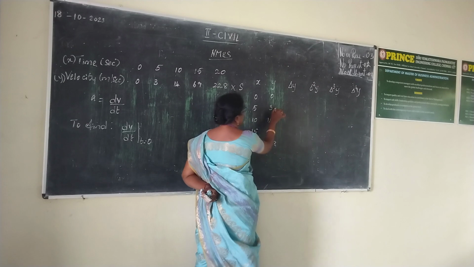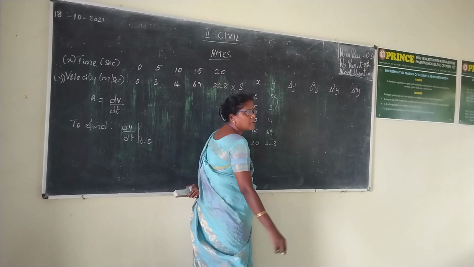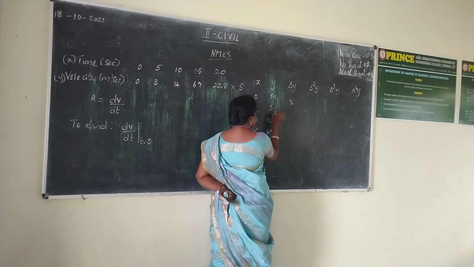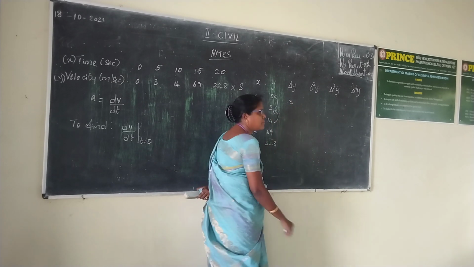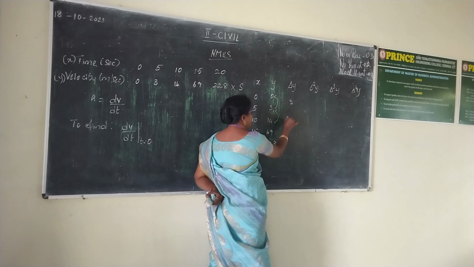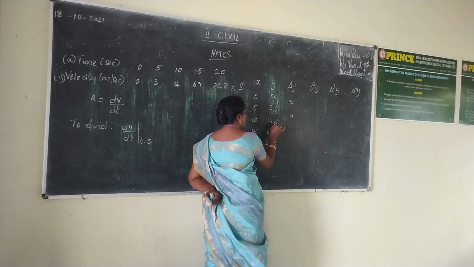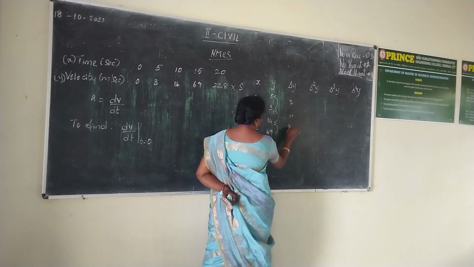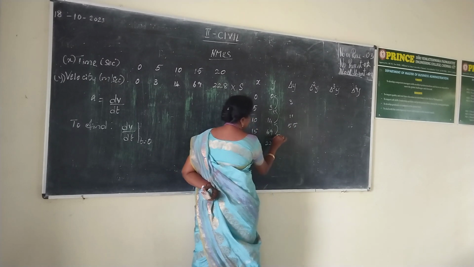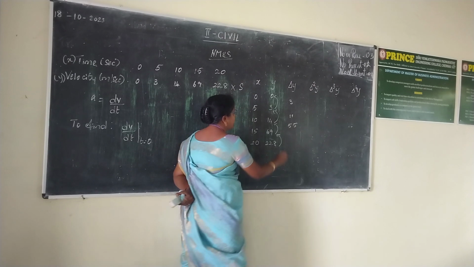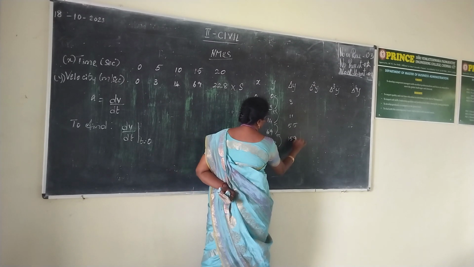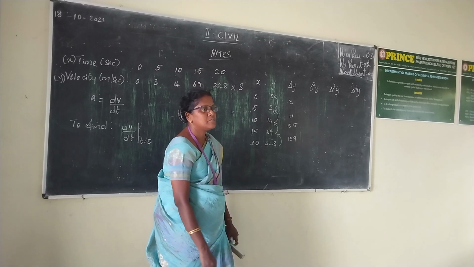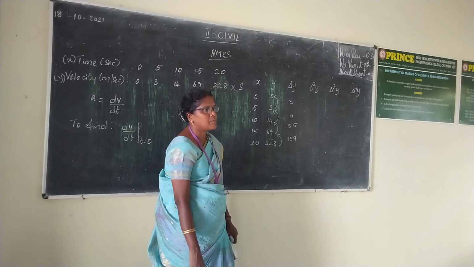First one: 3 minus 0 is 3. 14 minus 3 is 11. 69 minus 14? Yes? 228 minus 69? Still no calculator.